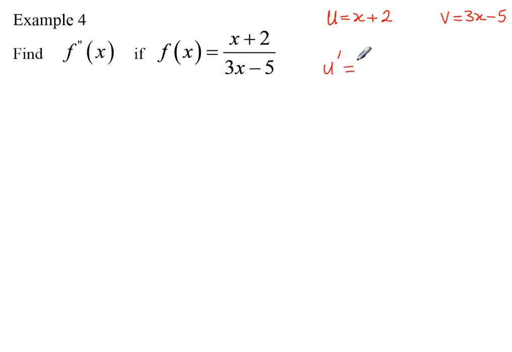So u dash, the derivative of x plus 2 is 1, and the derivative of v, which is v dash, is 3. And again, remember the quotient rule is u dash v minus v dash u divided by v squared.